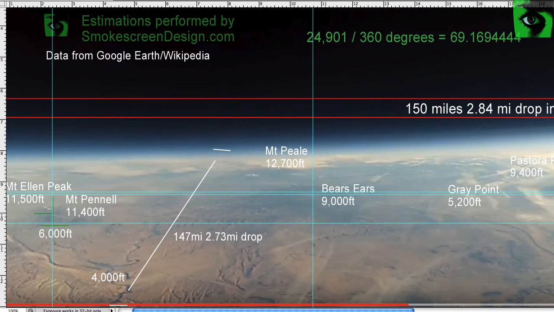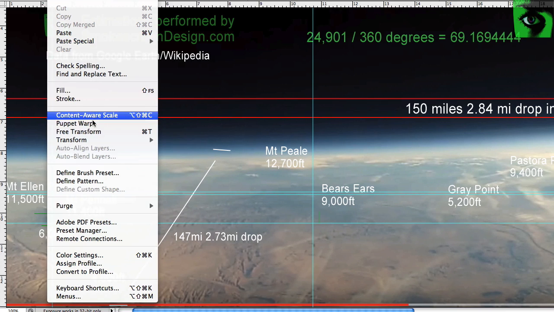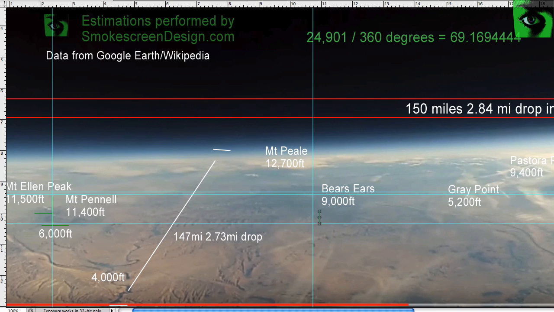So let's do 1 degree. Went halfway. I'm going to do 1 degree. Just make sure it's moving, because there's 45. There's 2.